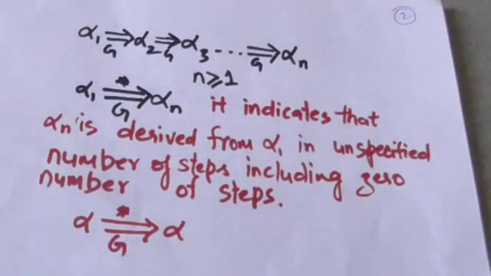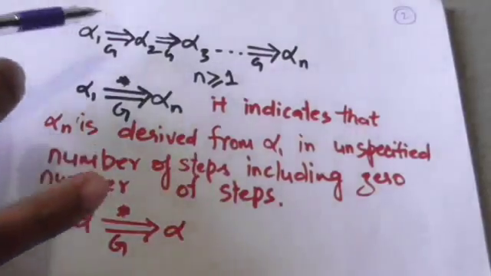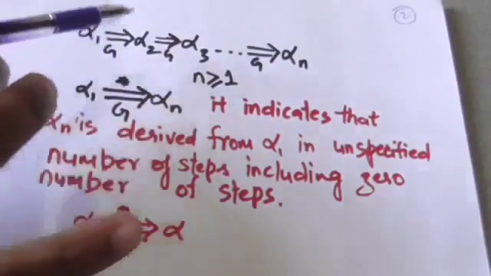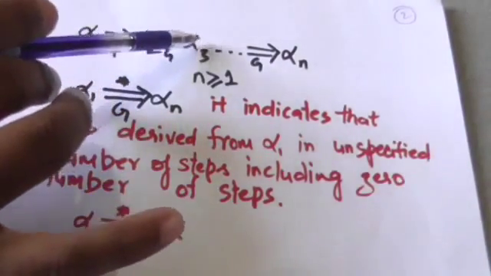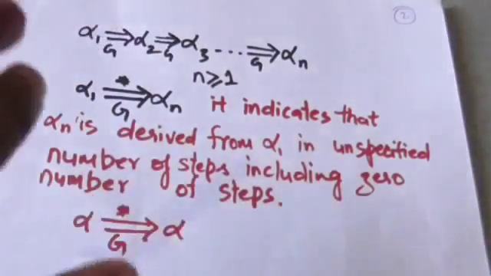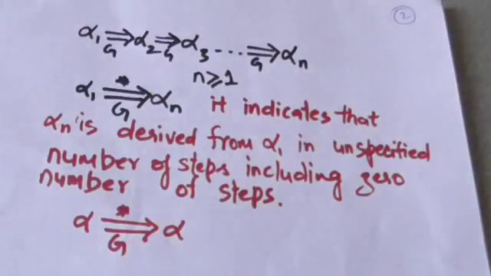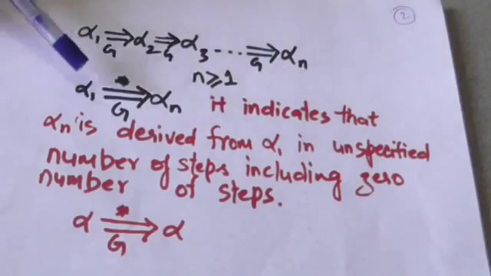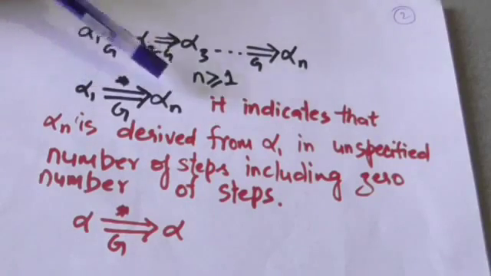Now suppose alpha 1 derives alpha 2 and alpha 2 derives alpha 3, alpha 3 derives alpha 4, and so on up to alpha n, where alpha 1, alpha 2, alpha 3 up to alpha n are the strings of variables and terminals in G. So it can be shown as like this, right?